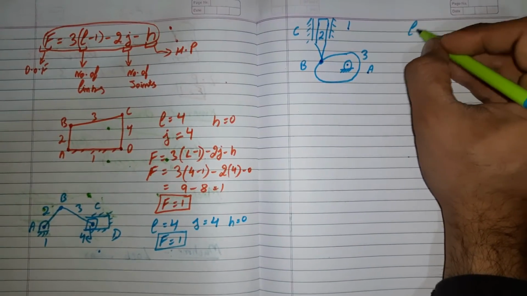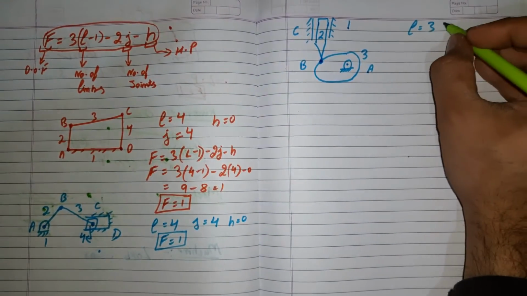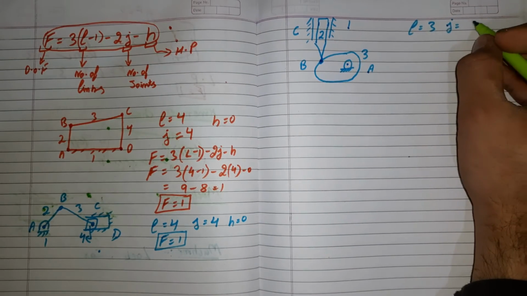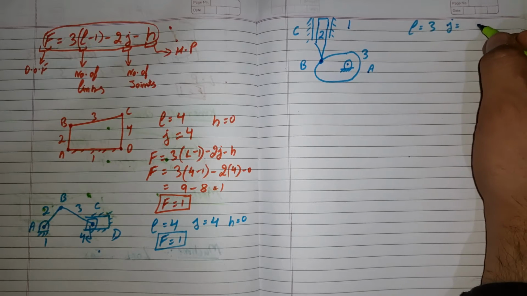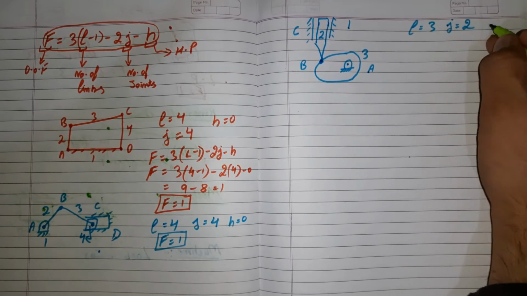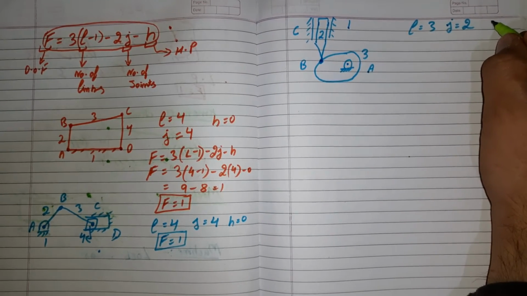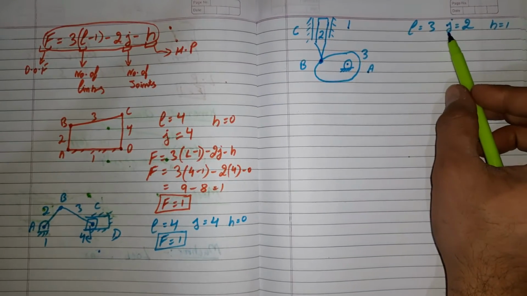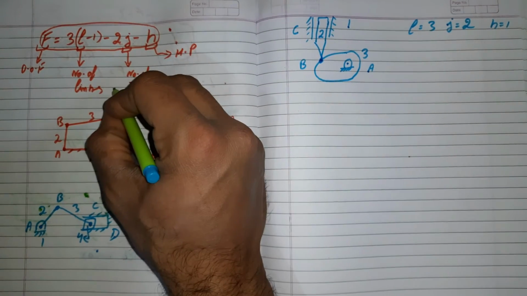Now here we have L is 3, J here is 2, and higher pair is 1. Actually this J represents number of binary joints.